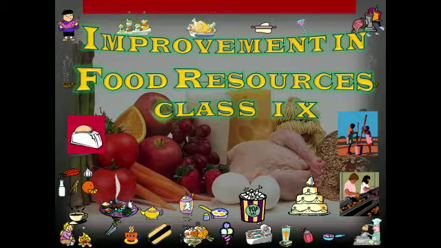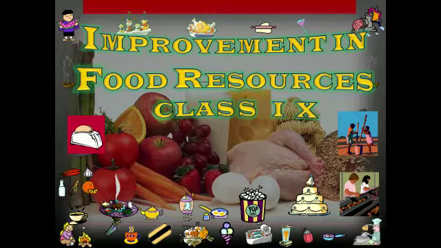So, the food resources are generally of two types, that are plant based food products and animal based food products. Today we will discuss food based on plants and their products.